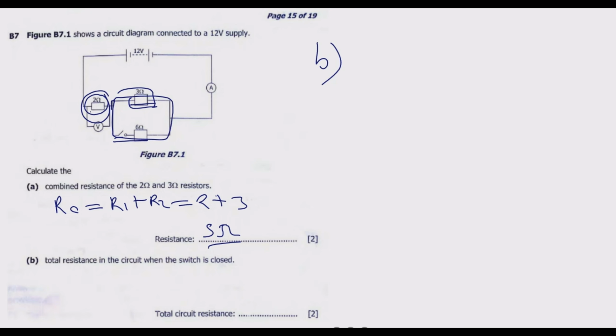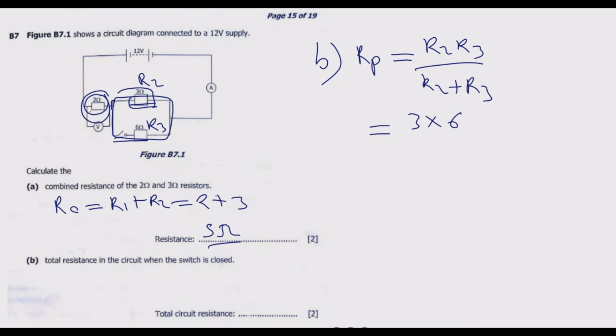So the combined resistor in parallel, we'll call this one R2 and resistor 3, is resistor 2 multiplied by resistor 3 over resistor 2 plus resistor 3. So this is 3 multiplied by 6 over 3 plus 6. So this is 18 over 9, which is equal to 2 ohms.